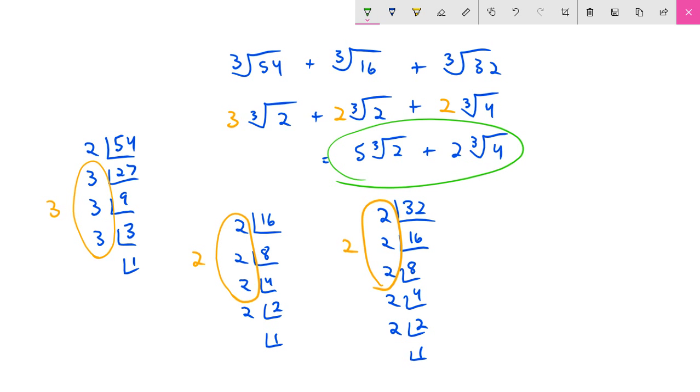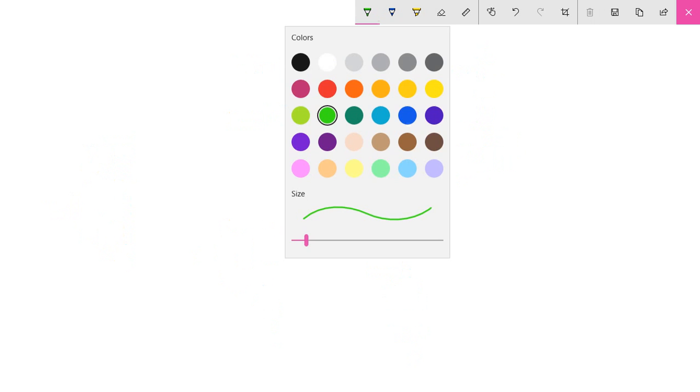All right, one last example of this is going to be the cube root of 24 plus the cube root of 81.